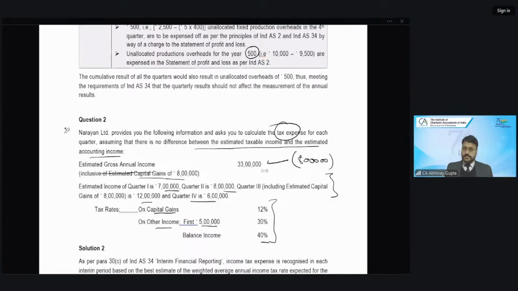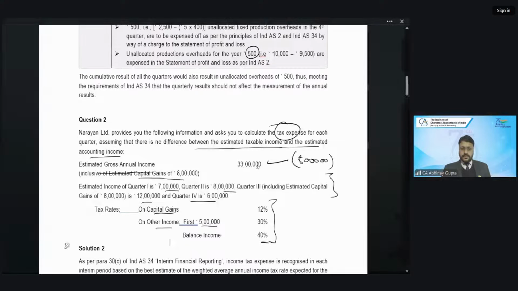Q3, Q4, Q3 2 lakh 48,000. Okay. Let's see.